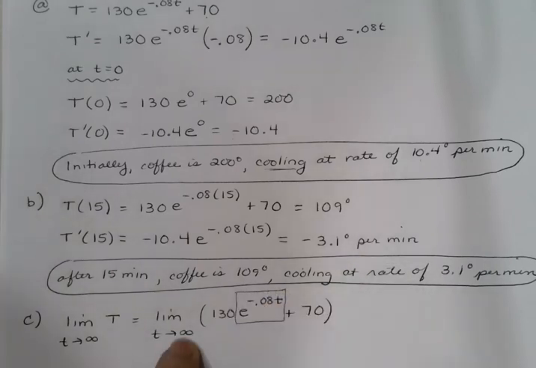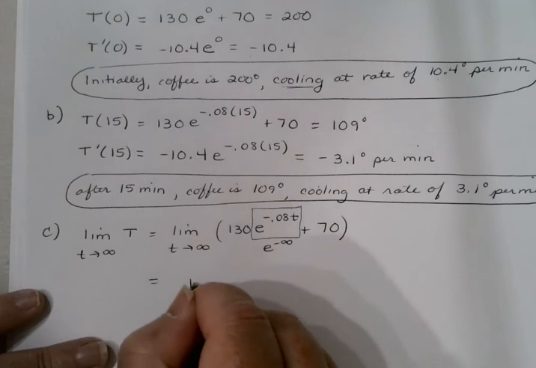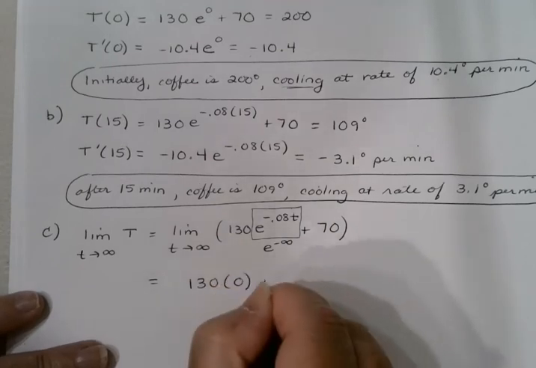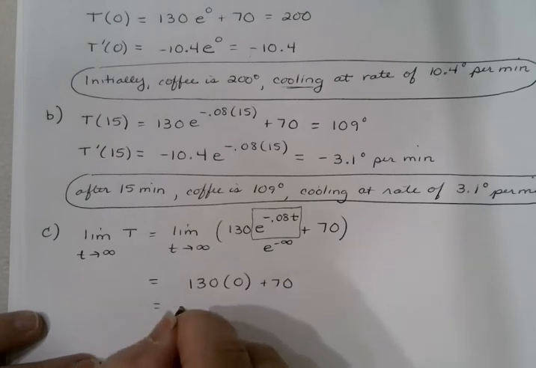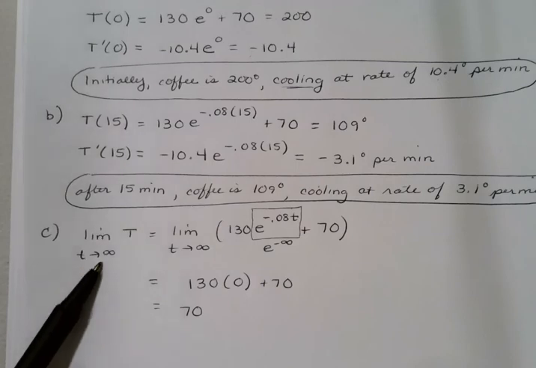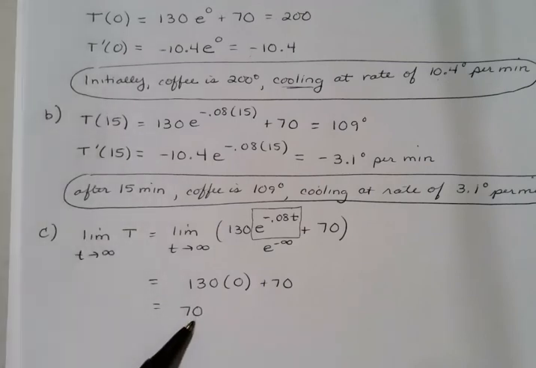This is going to become e to the negative infinity. And that goes to 0. So I'd have 130 times 0 plus 70, or 70. So after a really long time, the temperature of the coffee will be about 70 degrees.